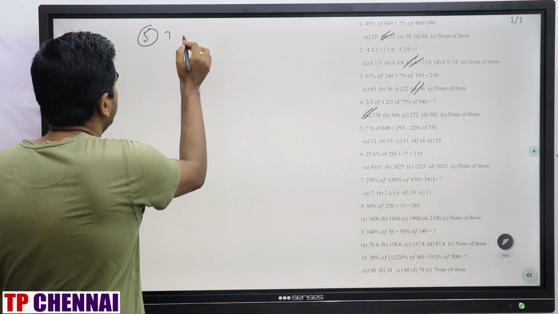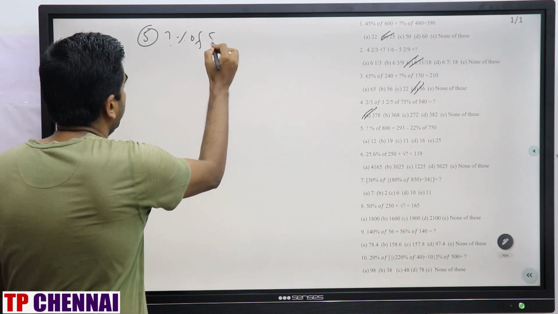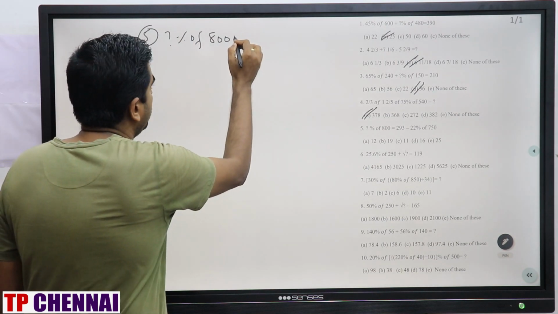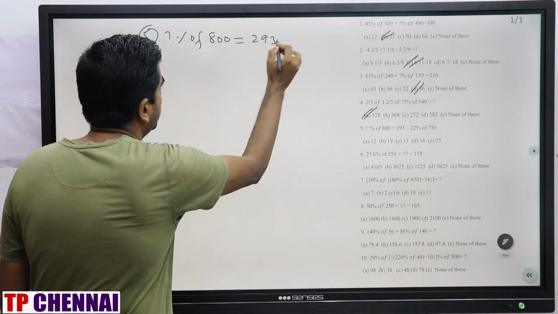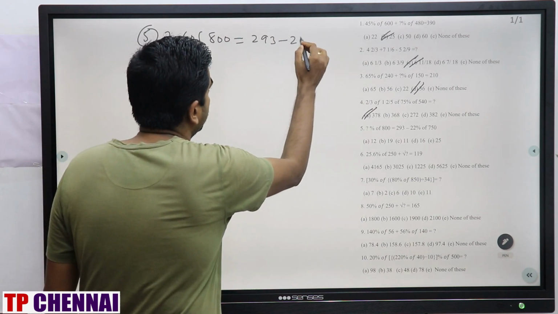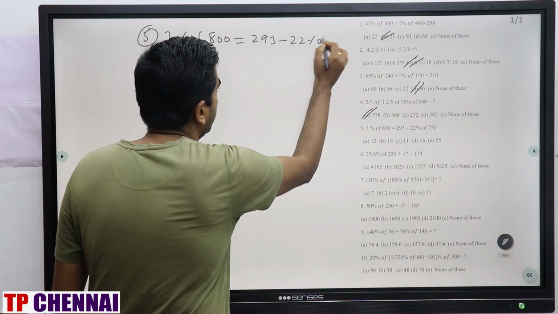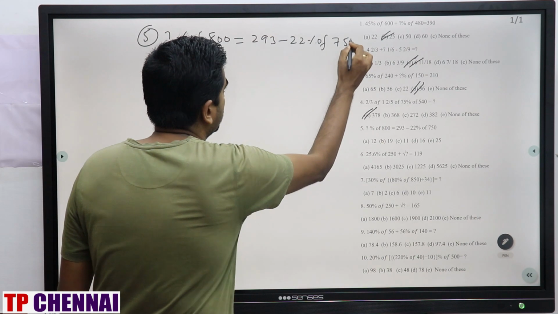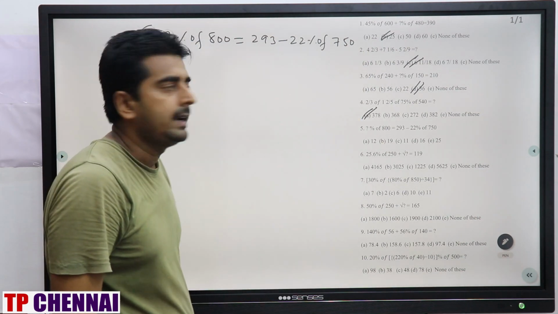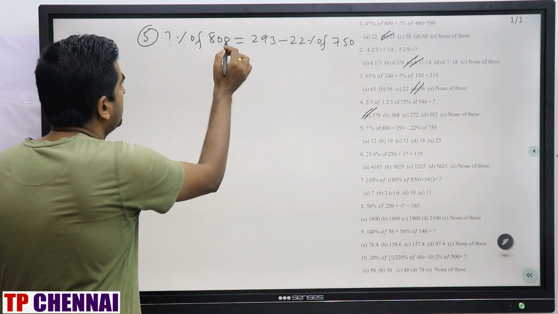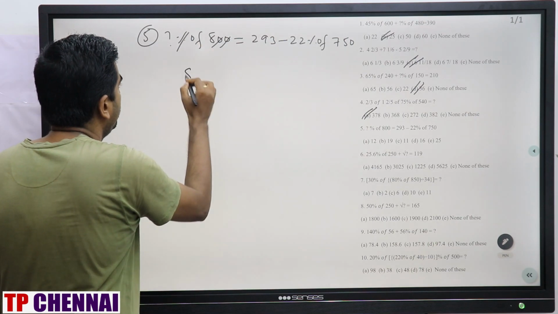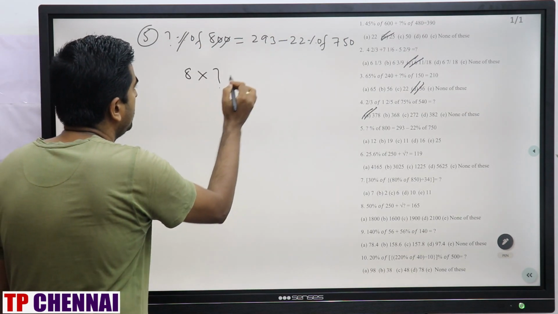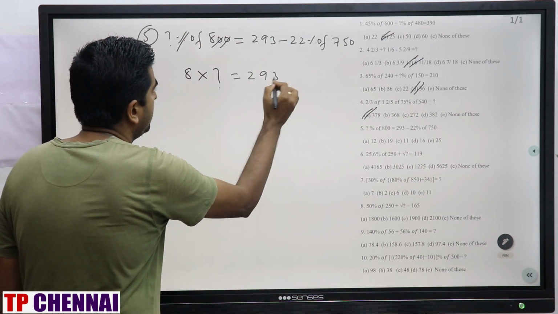Question mark percent of 800 is equal to 293 minus 22 percent of 750, right? So this is question mark percent, so double zero and percent will go, this is 8 into question mark is equal to 293 minus.